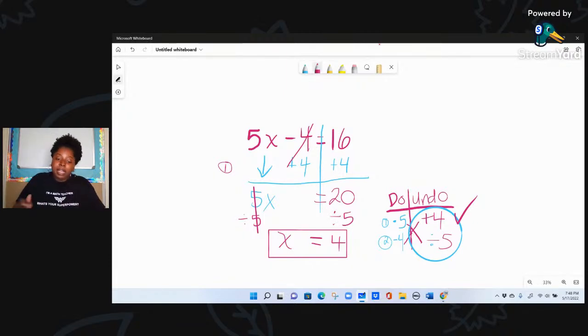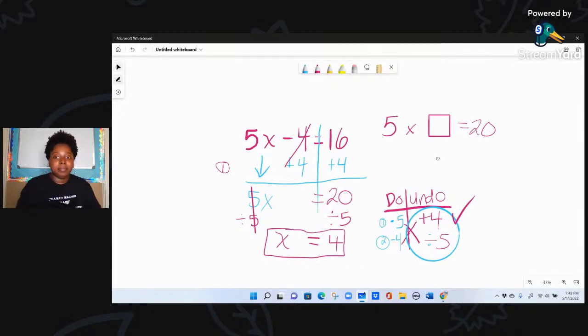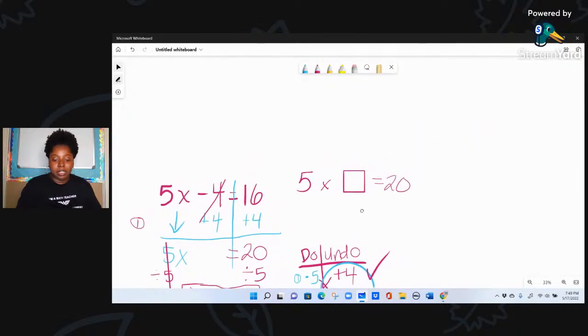If you think about it, in kindergarten, maybe second grade, you had boxes, right? 5 times what equals 20? You did something like that. So you may have memorized your times tables, and you'd be like, oh, it's 4. 5 times 4 equals 20.